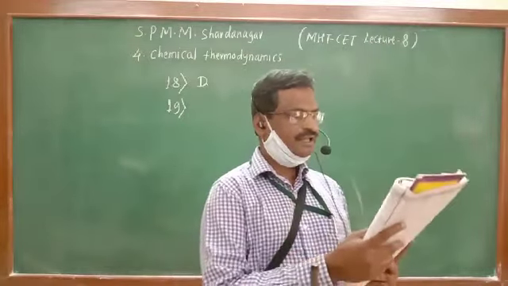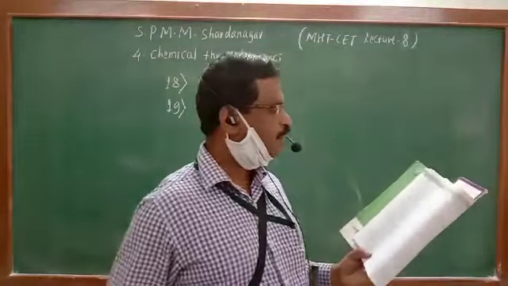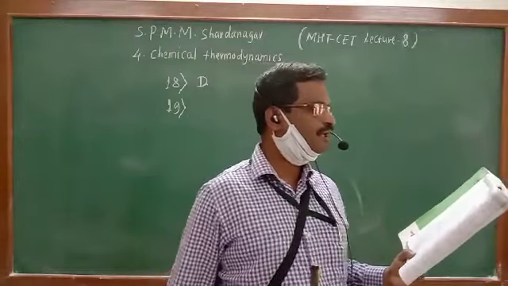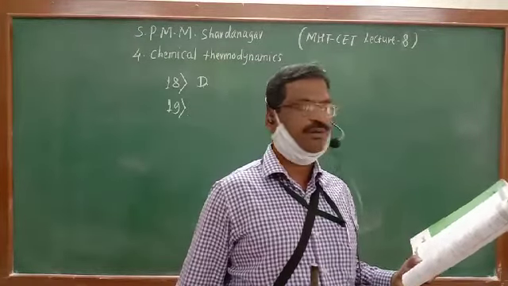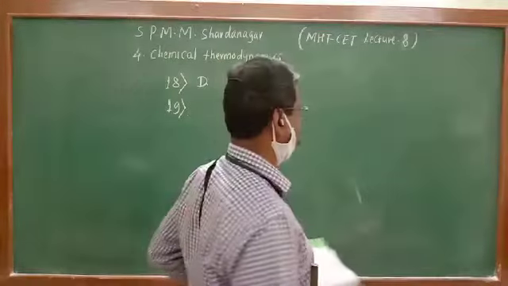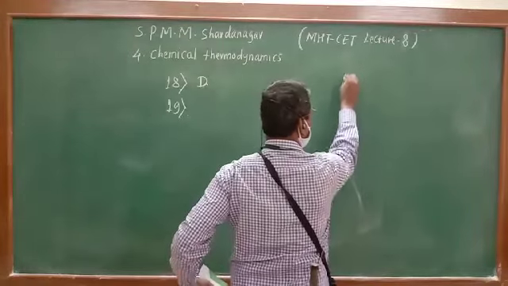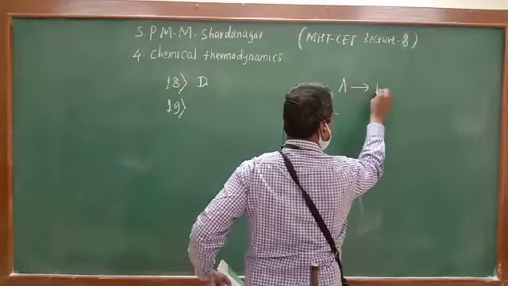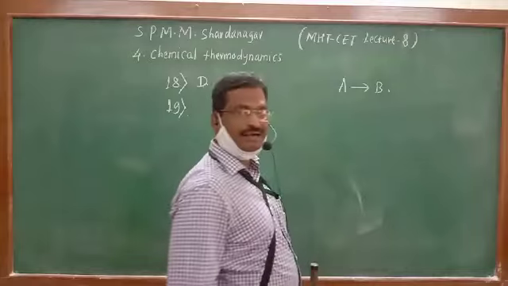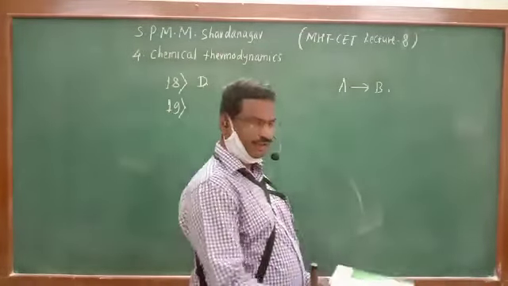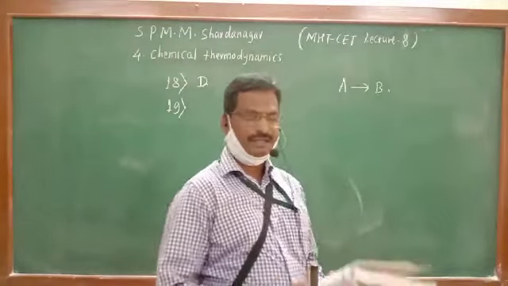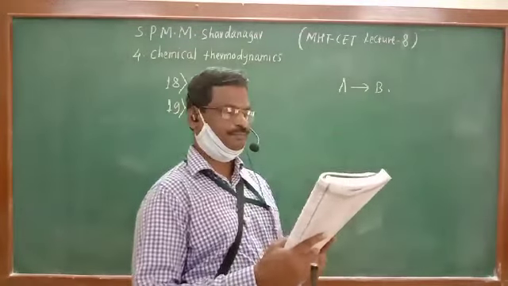The internal energy change when a system goes from A to B is 40 kilojoule per mole.